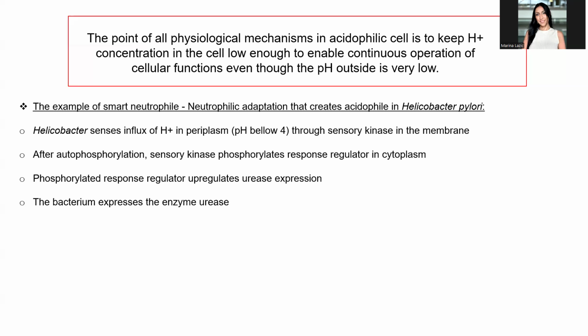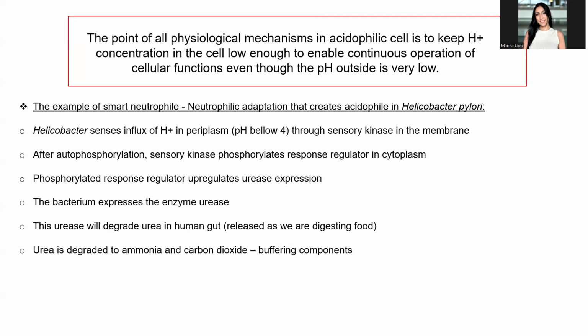So what will this urease do? The urease that Helicobacter now makes, triggered by low pH, will degrade urea that exists in the human gut, and it exists when we digest food. Urea will be degraded to ammonia and carbon dioxide. So literally Helicobacter will develop an enzyme that will help it buffer its own system.